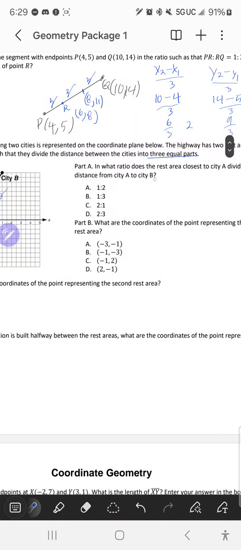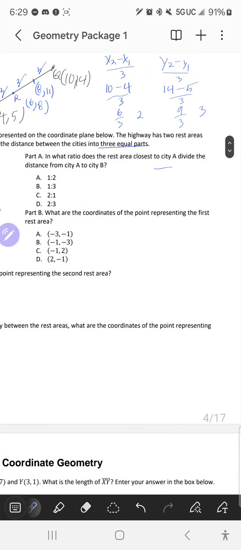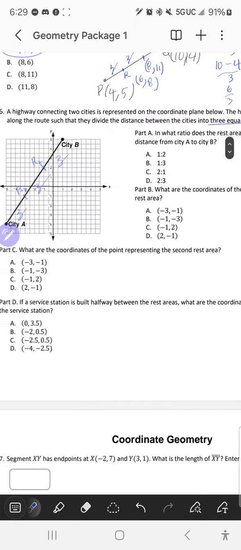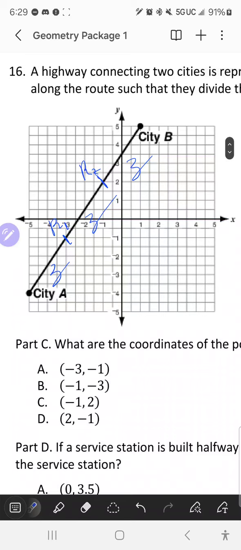Now they ask, in what ratio does the rest area closest to city A, which in this case is going to be R1, divide the distance from city A to city B? This is kind of easy if you see it this way.